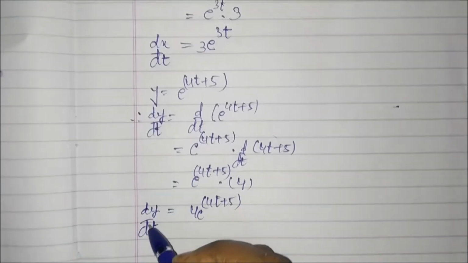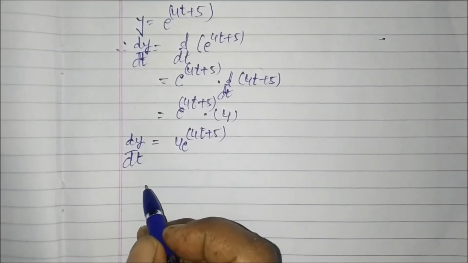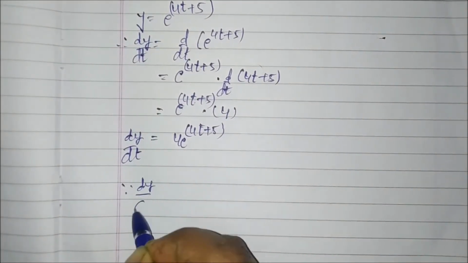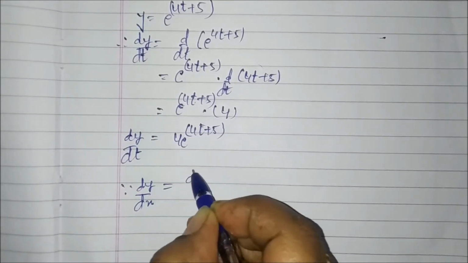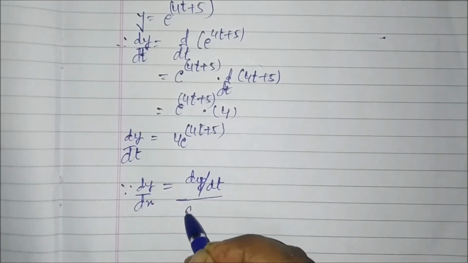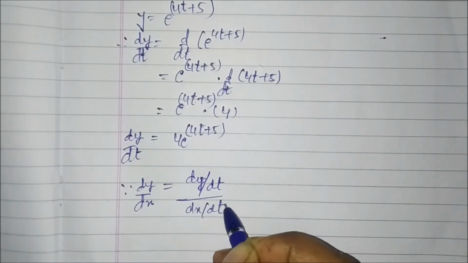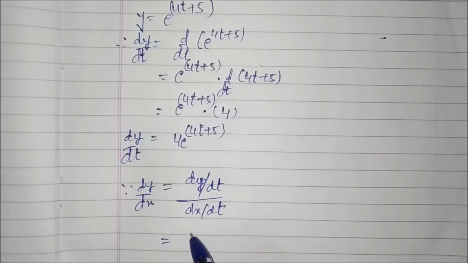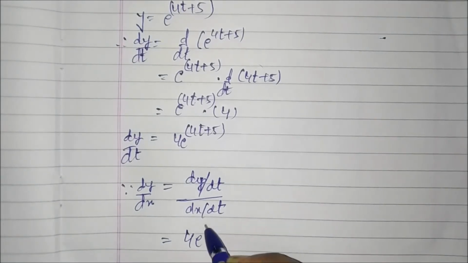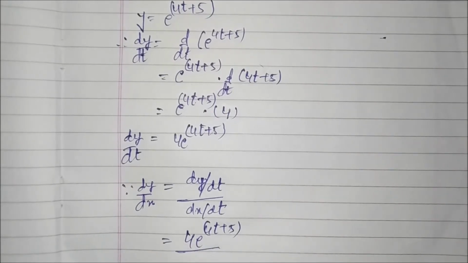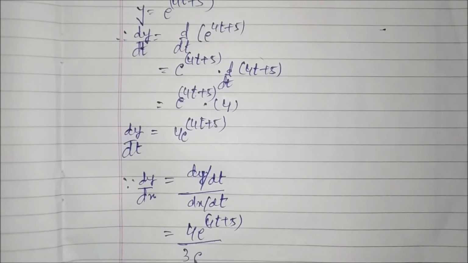Now, by the definition of a parametric function, since dy by dx is equal to dy by dt upon dx by dt, we have 4 e raised to 4t plus 5 upon 3 e raised to 3t.